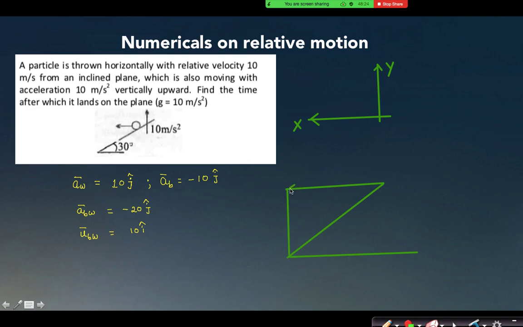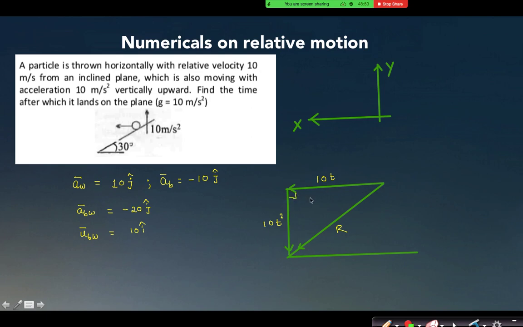So you can say that this is my ut vector, this is the half at square vector, and that is the range of the projectile. This vector is the ut vector because u is directly along the horizontal direction, so this is 10t, and the magnitude of half at square is equal to 10t square, because a is 20, half a is 10 into t square.